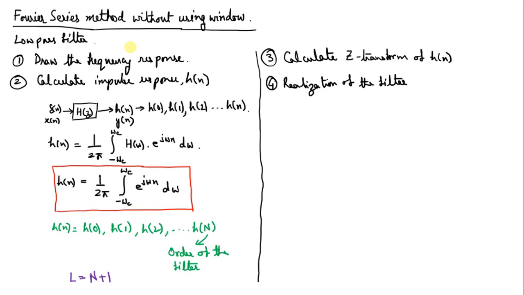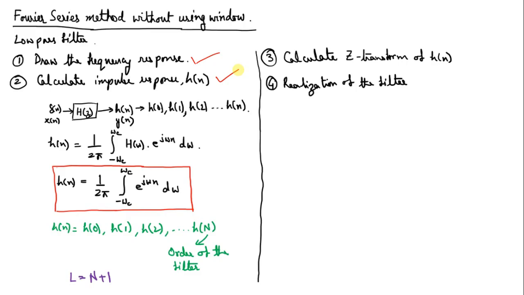Okay. So whenever you are given to design any kind of filter, you have to first draw the frequency response in the digital domain, because we are designing digital filters. So you first draw the frequency response, then we have to calculate the impulse response h(n).